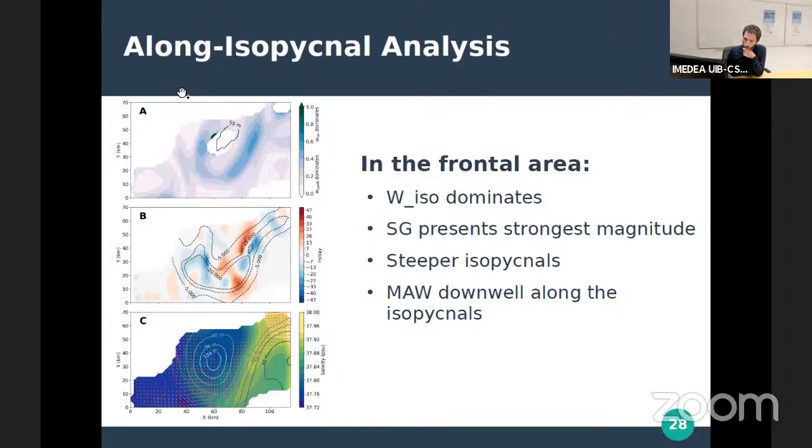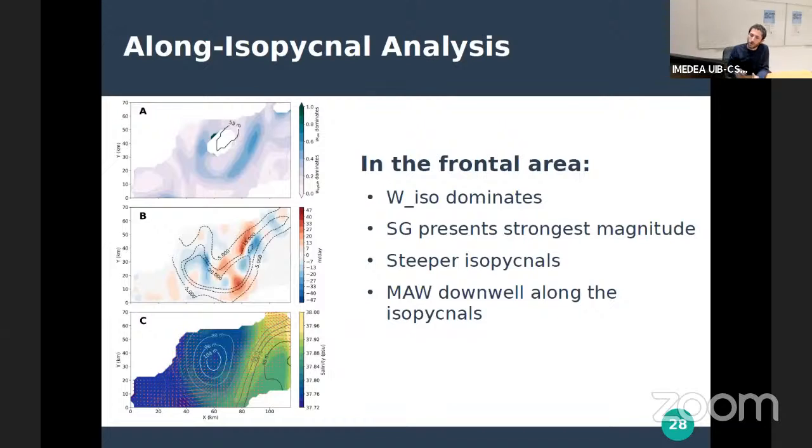And this should give us this first plot on the left. I hope you can see it well. And it's important because this ratio gives an idea of when the uplift component dominates in vertical velocity, or instead when the along-isopycnal component dominates.